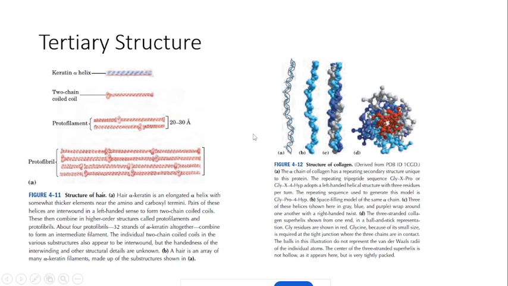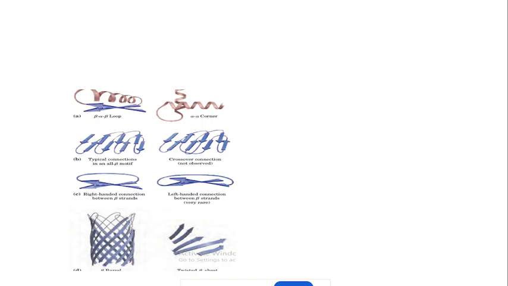Three parallel alpha helices form collagen. So three secondary structures come and assemble to make the tertiary structure of collagen.